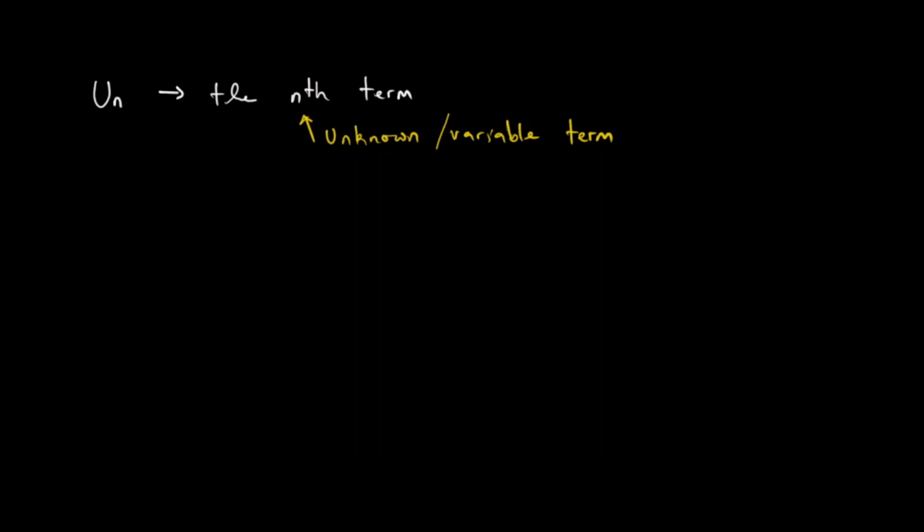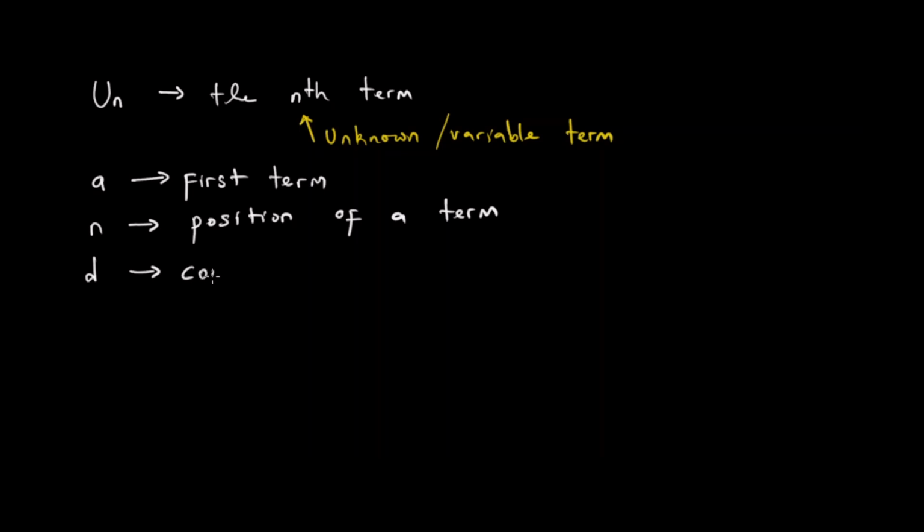Then from there, we talked about a, which is the first term. We talked about n, which represents a position of a term in a sequence. We talked about d, which is very important, a common difference.